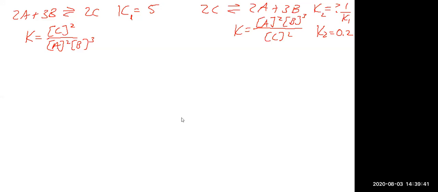Remember that when we see a K value written, it is specific for the reaction exactly how it's written, at that temperature, right? As we talked about, the only thing that really affects the actual value of K is if you change the temperature.